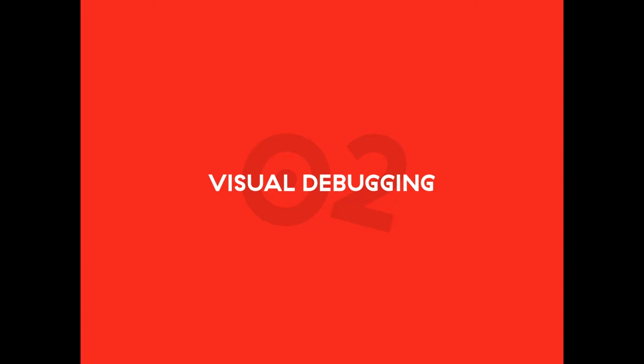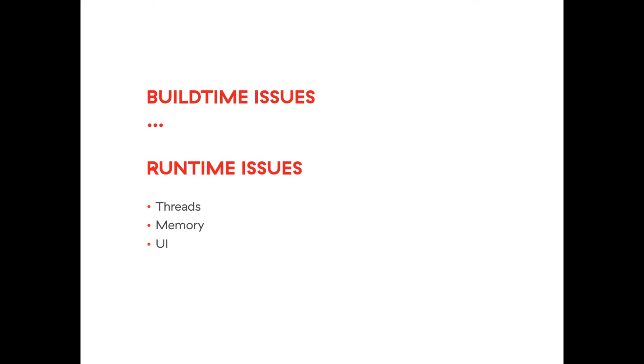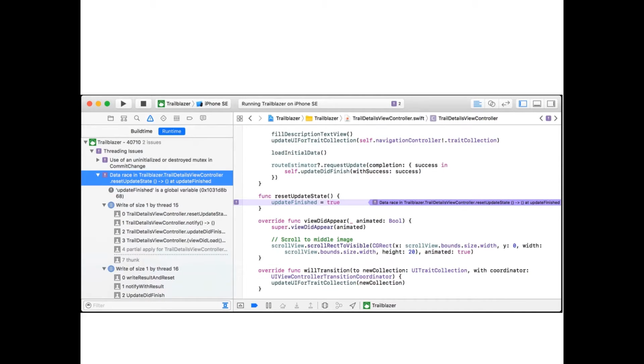The thing that is really special is this. Until Xcode 8, we only had build-time issues. So you know, when you press Command-B, you get warnings or errors depending on the issues in your code. From Xcode 8, we have the thing called runtime issues. These are some of the most common runtime issues you can have with threads, memory, or UI.